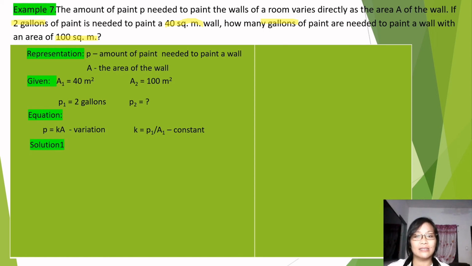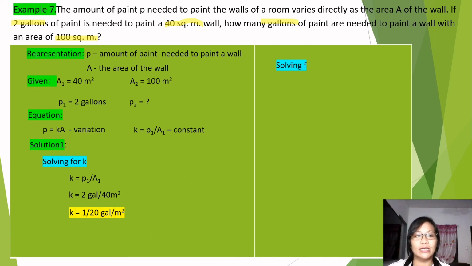Next, solution for our K, we have K is equal to P1 over A1. Then substitute the given. For P1, we have 2 gallon all over A sub 1, 40 meter squared. Then for our K, we have 1 over 20 gallon per meter squared.